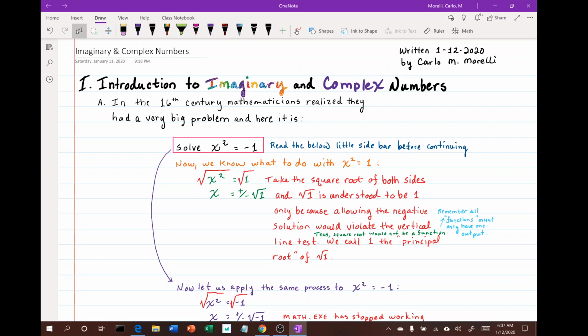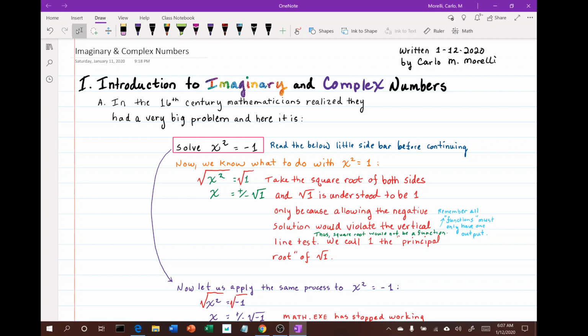So I really worry that there are a majority, or perhaps even a super majority of people who are out there taking math classes with zero idea of what is actually going on with these imaginary complex numbers.